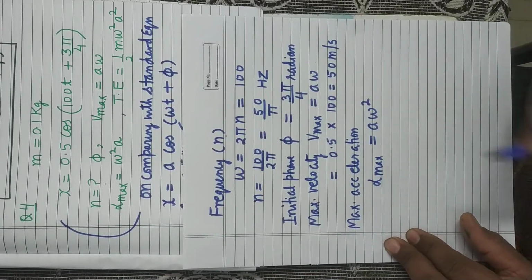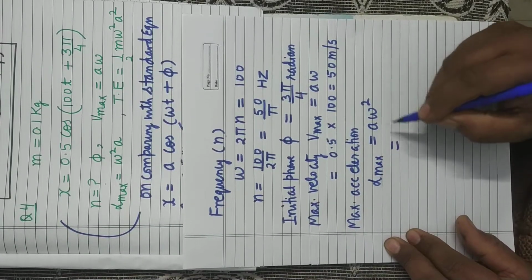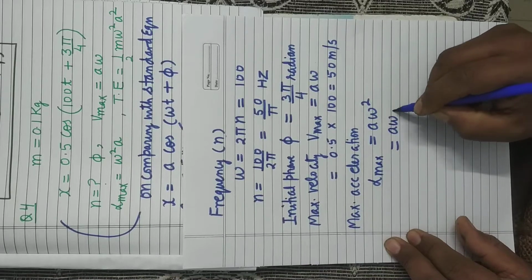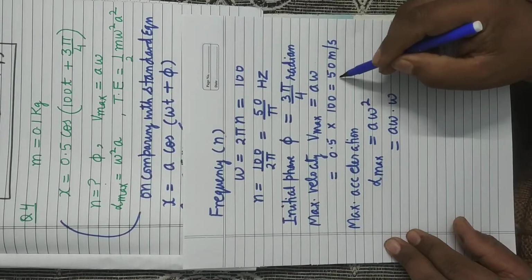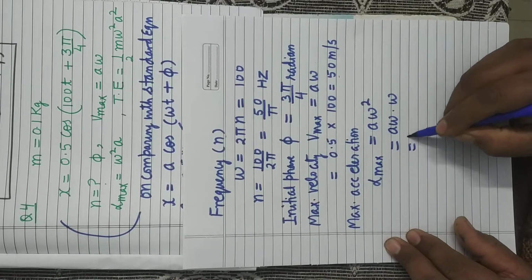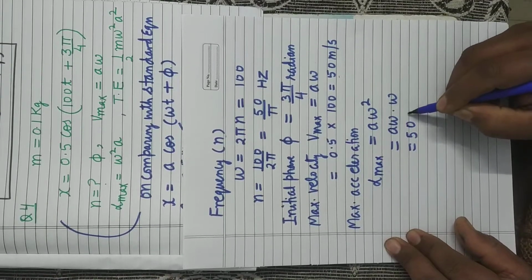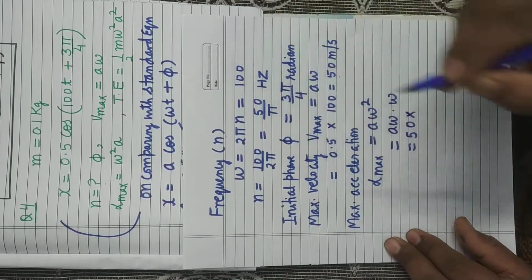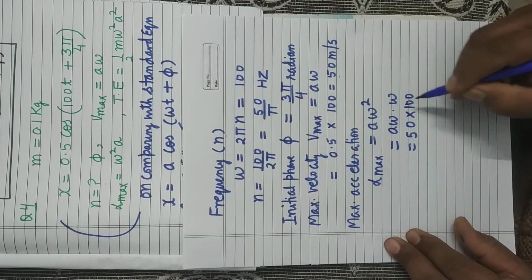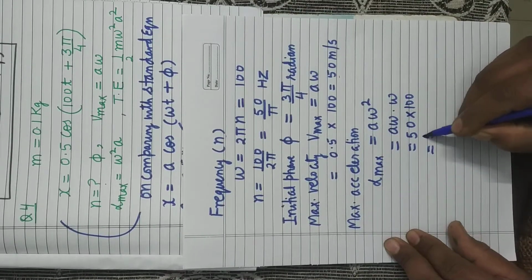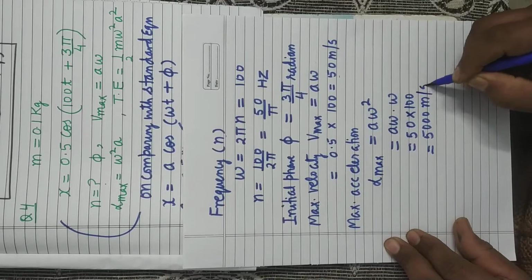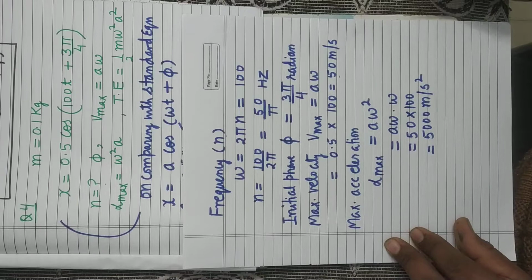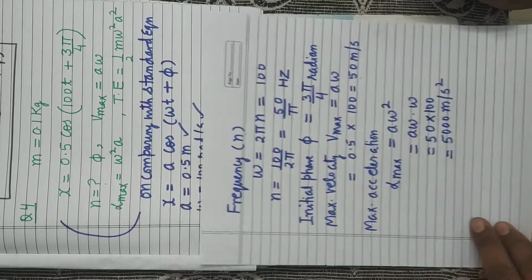You can write it as a omega into omega. A omega you already found to be 50, and omega equals 100. So it will be equal to 5000 meter per second square, because distance is given in meters.